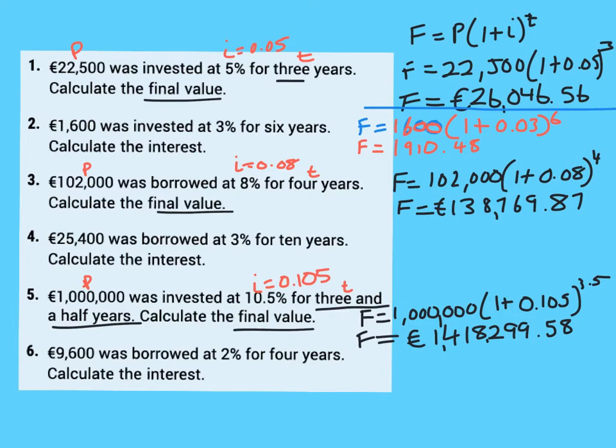And then in order to get my interest, I'm going to take this amount here and I'm going to take the 1600 away from it. So my interest amount then will be I equals 1910.48 minus 1600. You will get 310.48. And I think that was fairly straightforward.